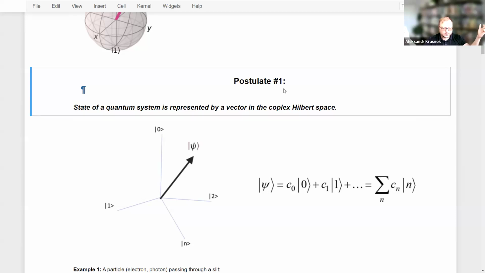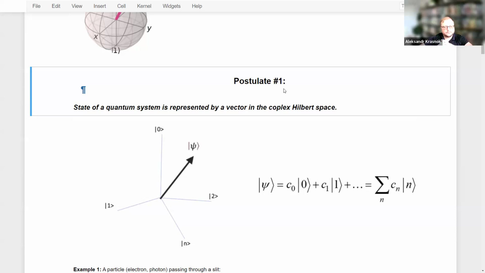Today, let us formulate the main concepts of quantum physics, and I will represent them in the form of postulates. It's going to be 6 or 7 postulates that we're going to discuss.